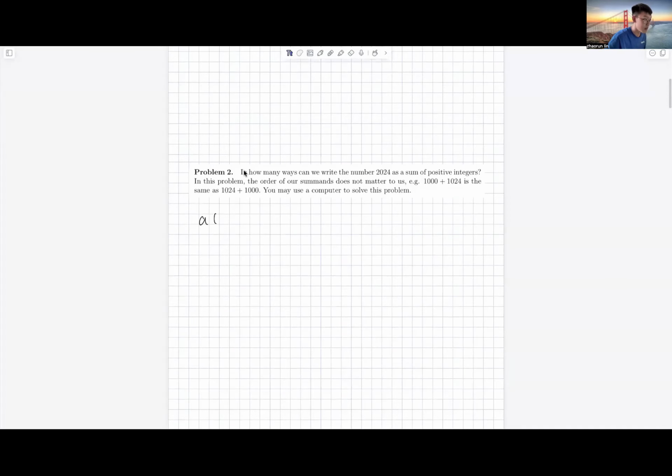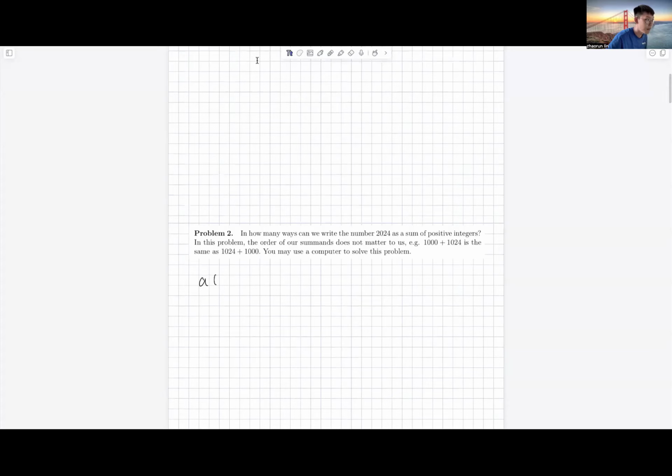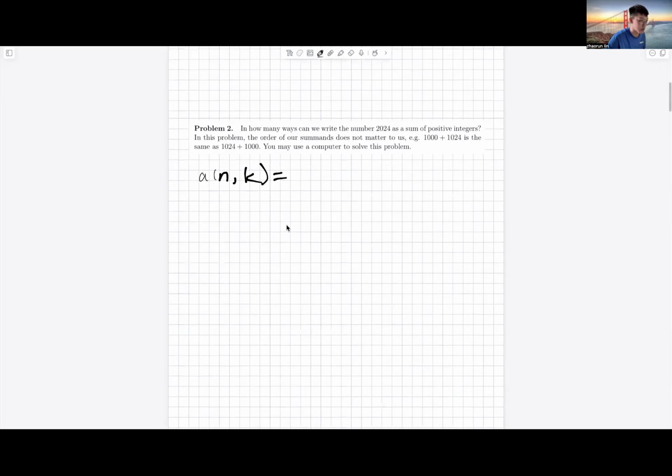So as I said just then, we let A(N, K) be the number of ways that we can write the number N as the sum of K positive integers.